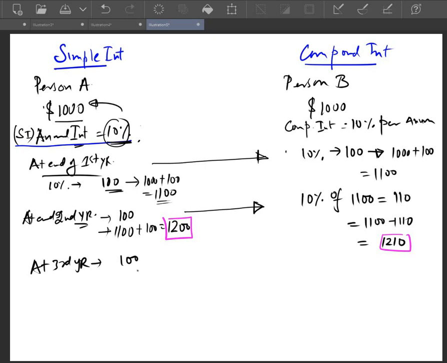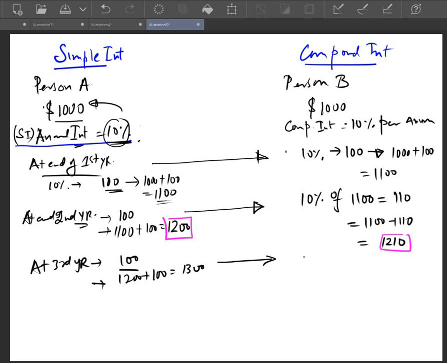So now he again gets $100. So that means the balance at the end of third year is 1200 plus 100, which is $1300.